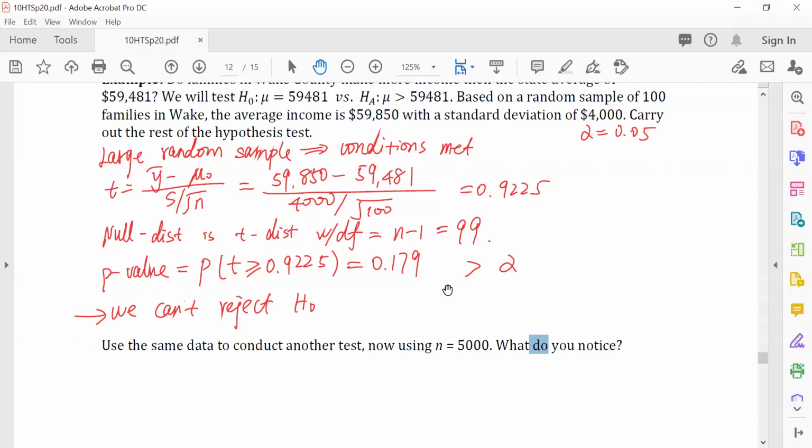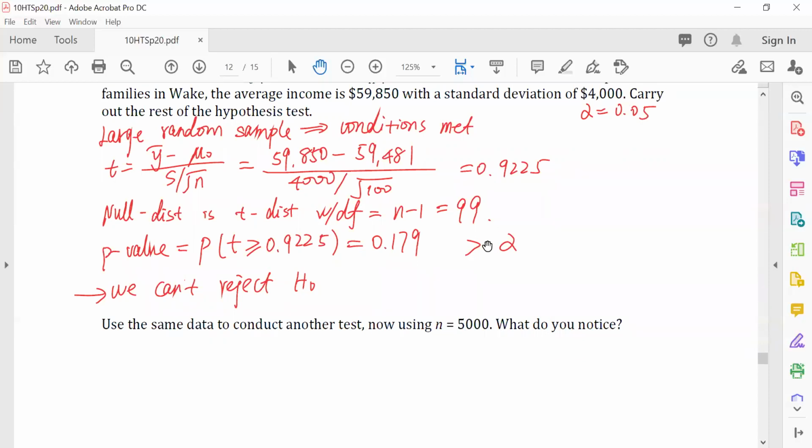So this is an example where, based on the sample we collected, we can't reject H-naught. If we use the same data to conduct another test, now the only thing that's different is suppose we are collecting a sample of sample size 5,000 instead of n equals 100. Then all the other things will be the same. Your test statistic will be like this, with the square root of 5,000. So this is 6.52.